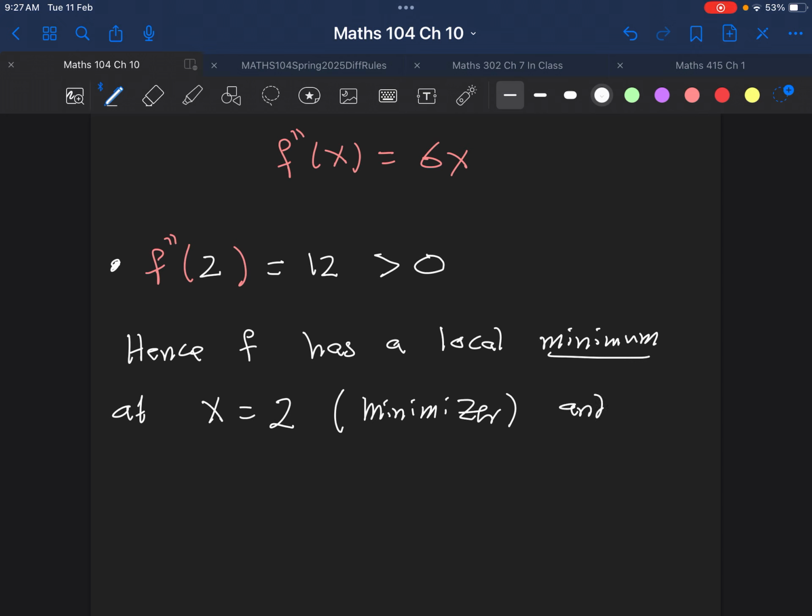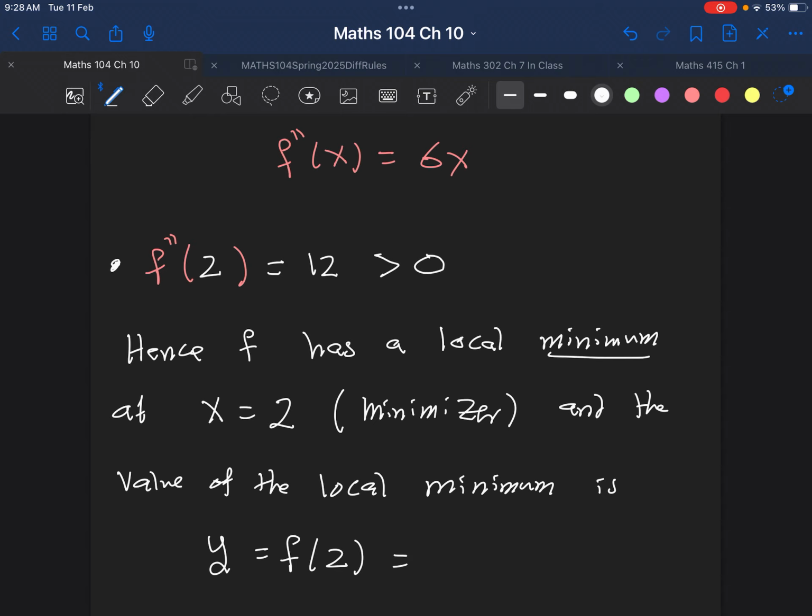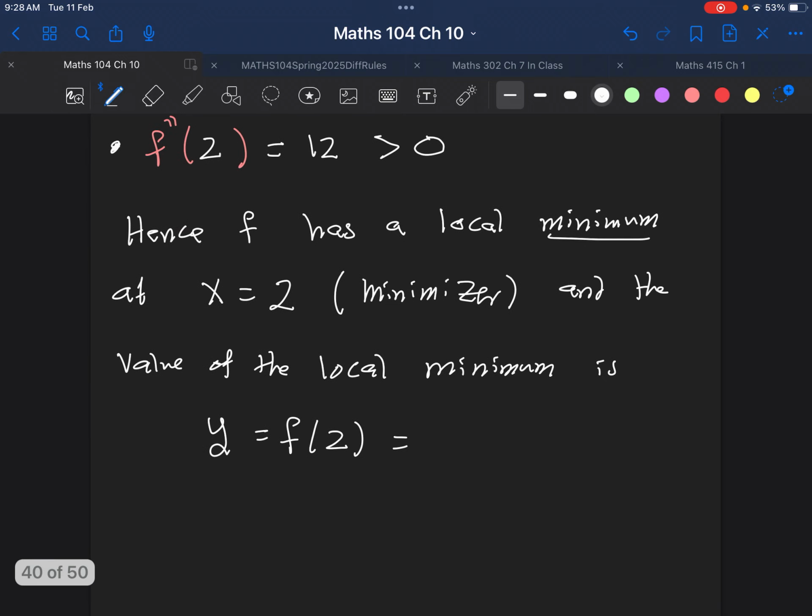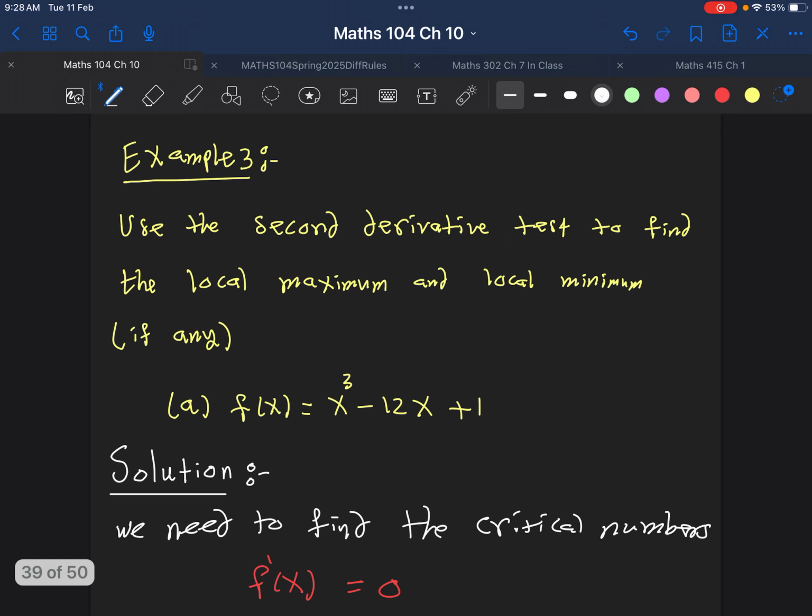So the minimizer is 2, and the value of the local minimum is y equal to f of 2. We go to the original function and substitute 2.